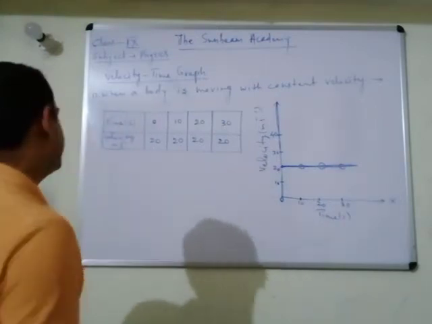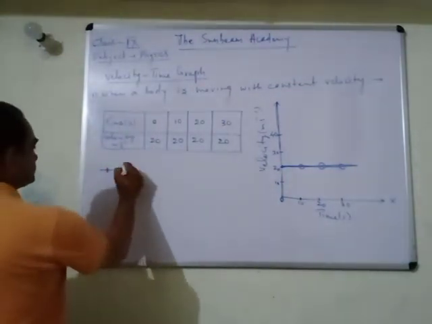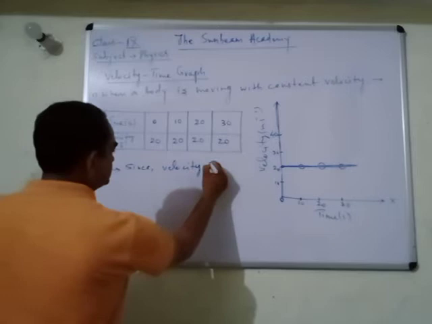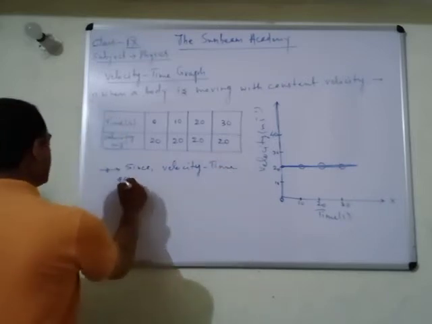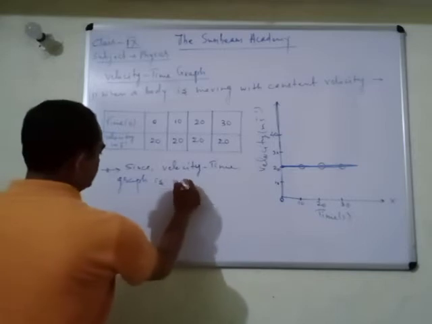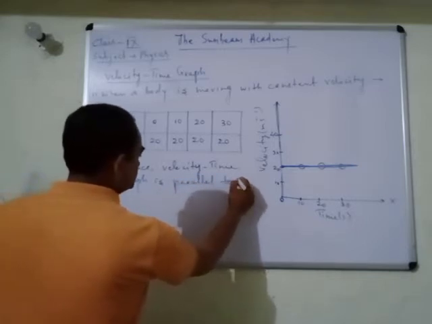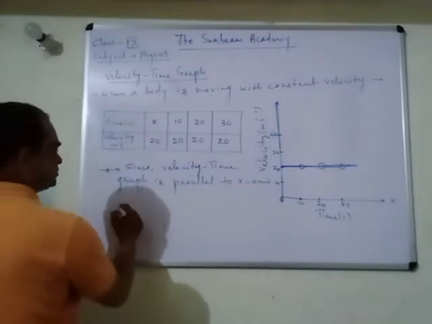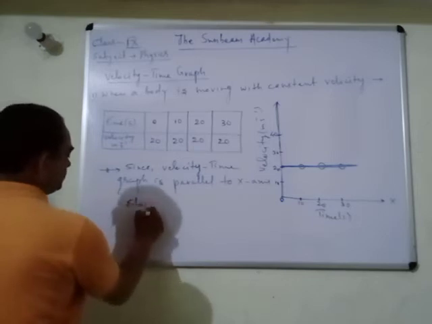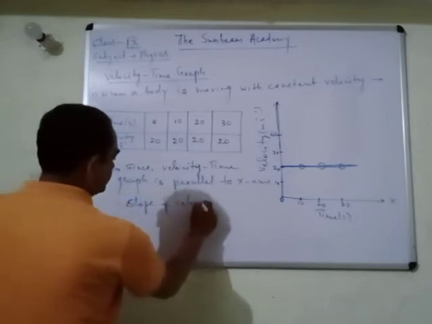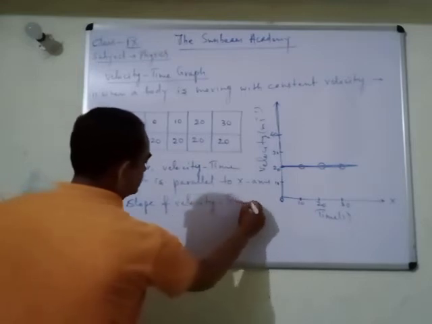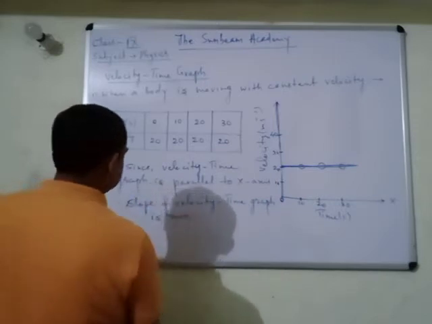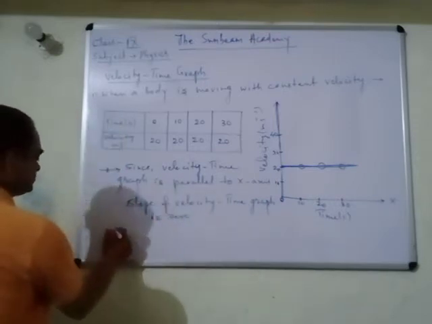In this case, since the velocity time graph is parallel to the x-axis, therefore the slope of the velocity time graph is 0. And what does slope represent?